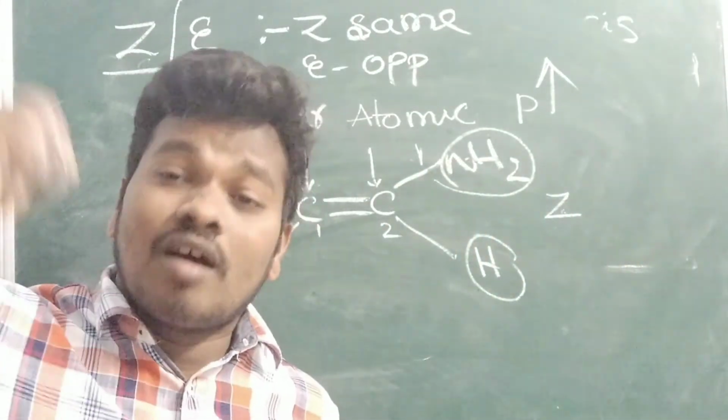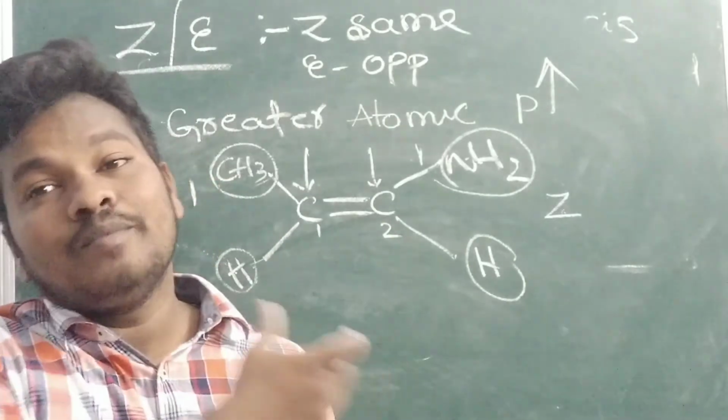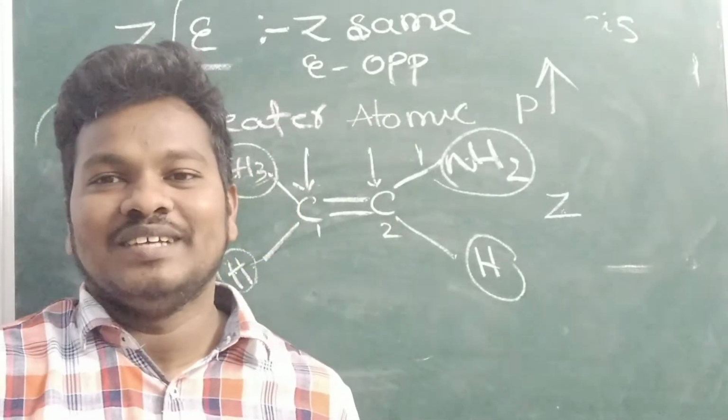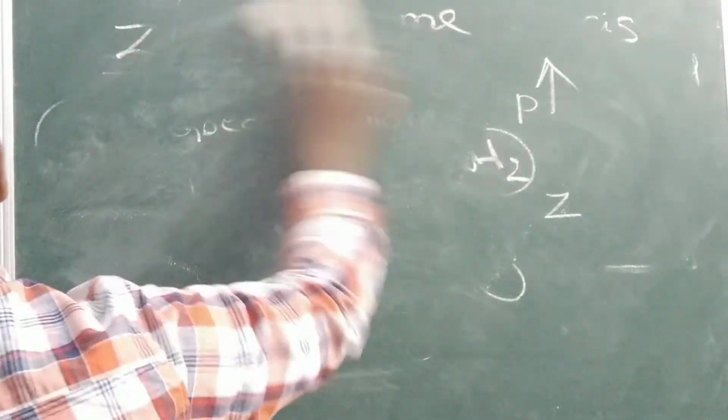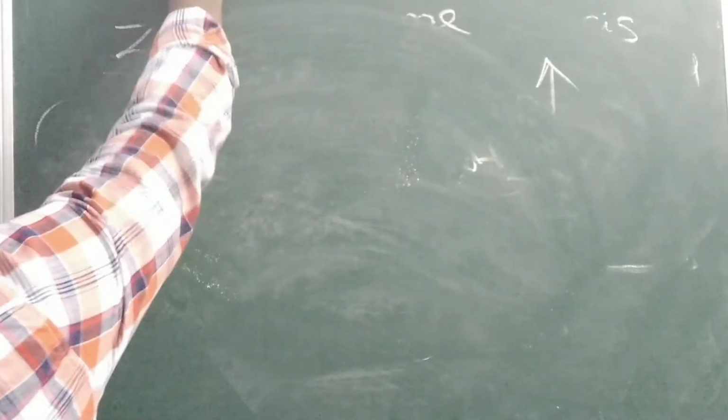When the cis and trans isomers fail, that time you can use the Z and E isomers. Another example we can see for the E isomers. For example, one carbon containing more than two groups on one side.